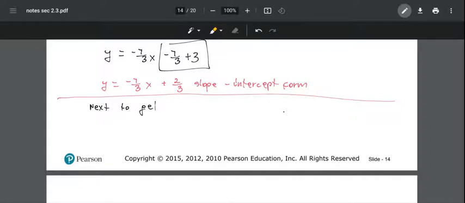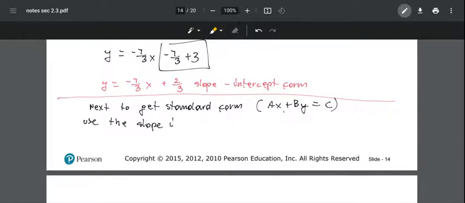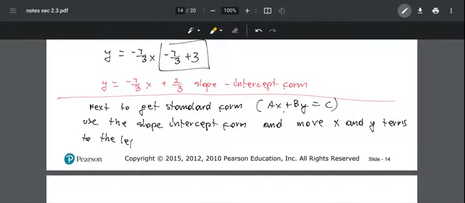To get standard form, which is ax plus by equals c, use the slope-intercept form and move the x and y terms to the left side of the equation.